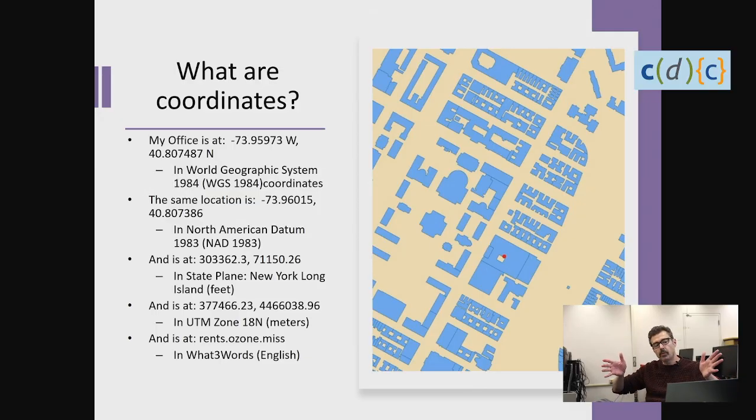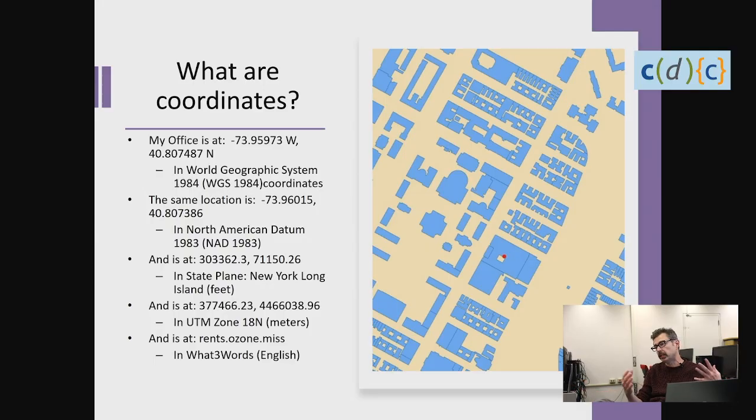And that is all well and good. But those coordinates are based off of a specific coordinate reference system that is usually known as World Geodetic System 1984. And that is a very commonly used model of Earth-wide locations.